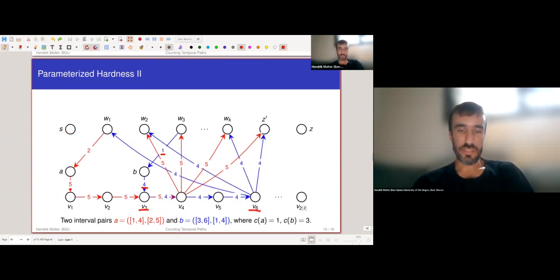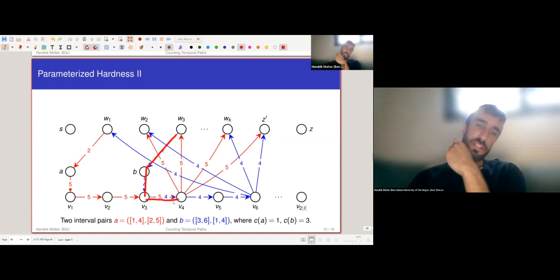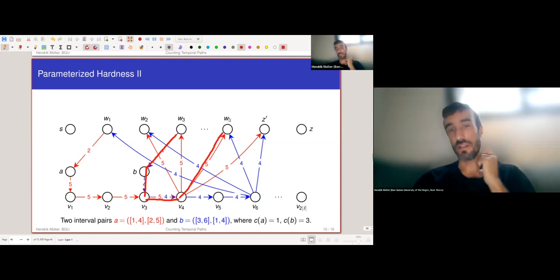But of course, what I can still do is cheat in that way. For example, go from W3 down here, I arrive at time 4, take this edge here, and then just go to some vertex W_k like this.